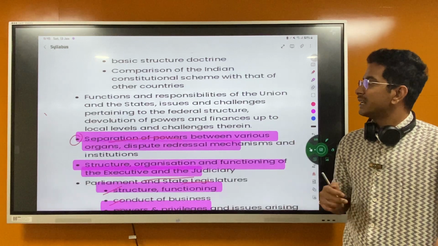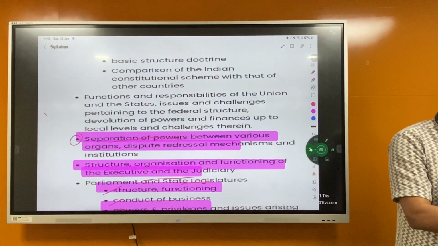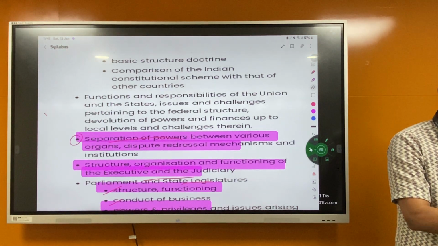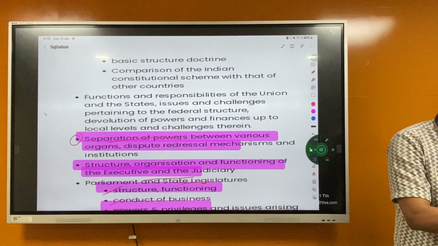Comma, issues and challenges pertaining to the federal structure. So, is India federal? Do we have a federal government? Is it a pure federal? Okay, we'll look into it when we get there. We'll read about it, right?